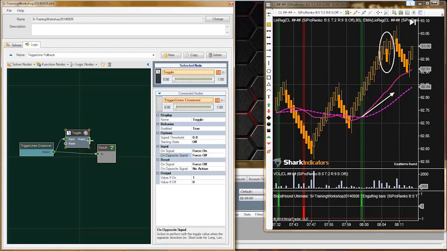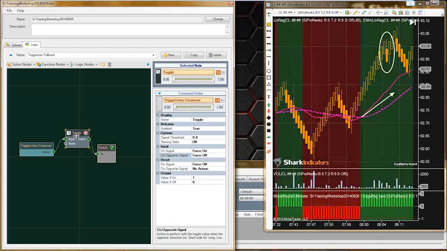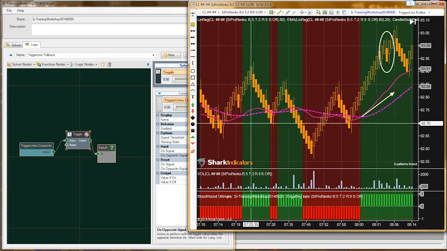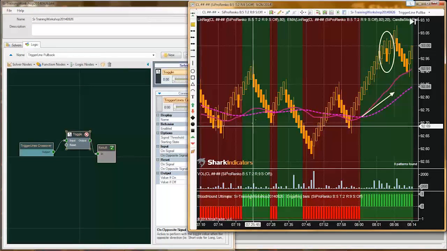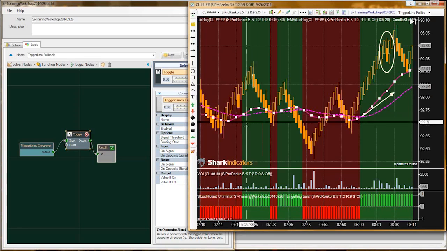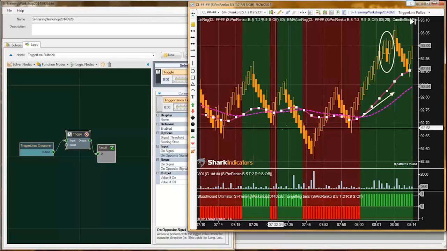Right? So let's take a look at the toggle node now. So now you can see this looks a lot like if we just used a comparison solver. Whenever the faster moving average is above the slower one, the dashed line, we have a long output. We're in a long state.